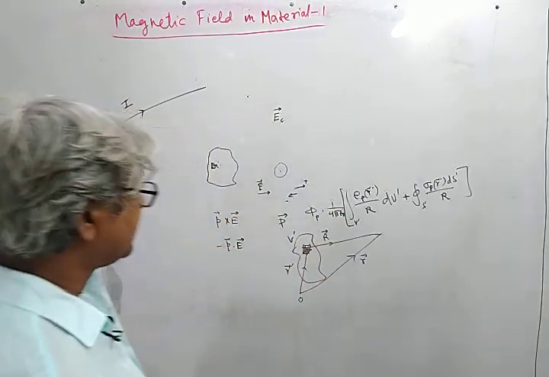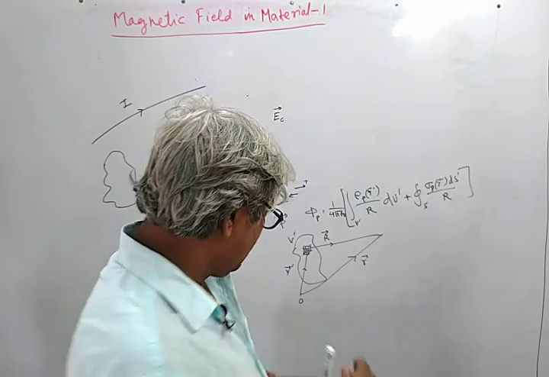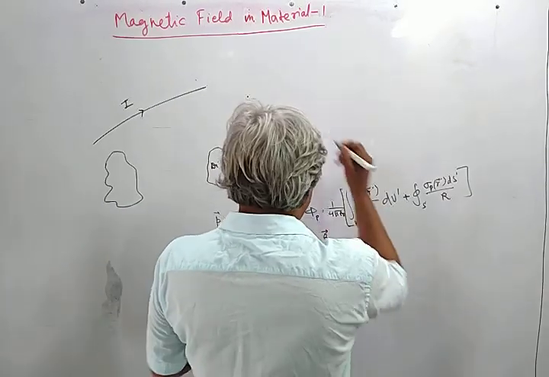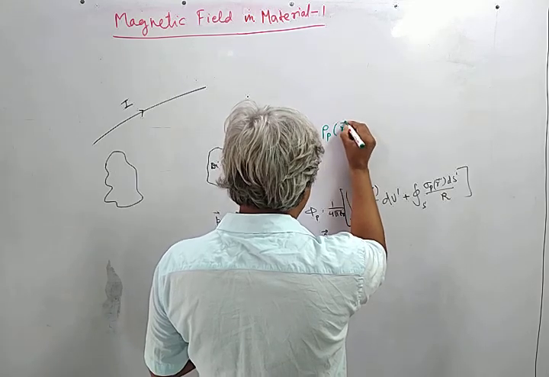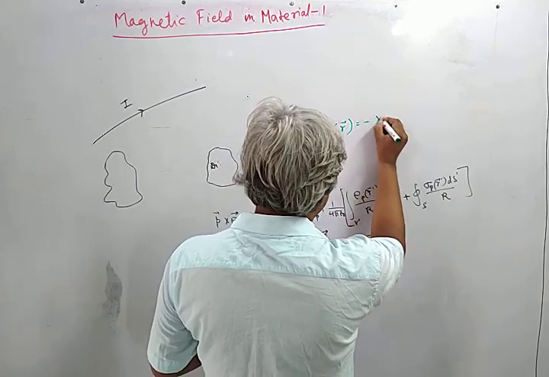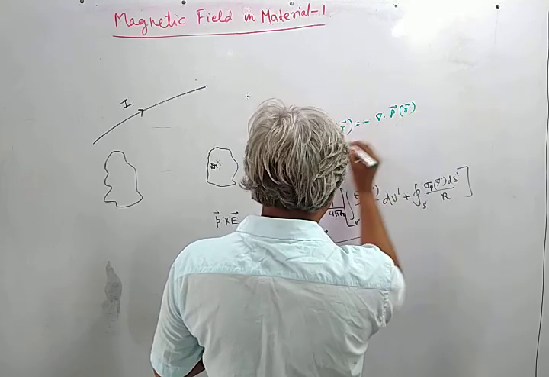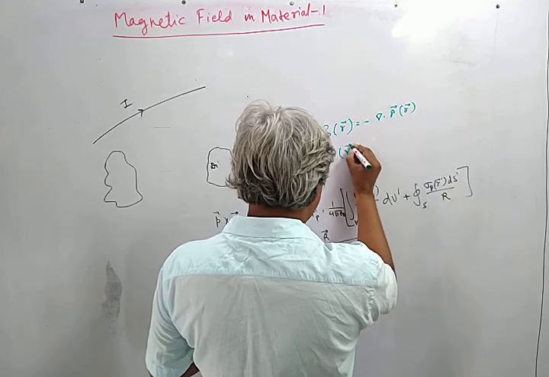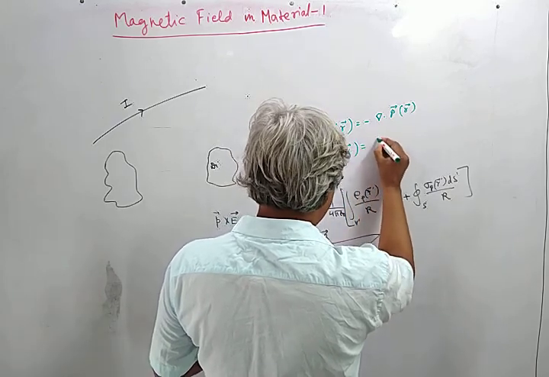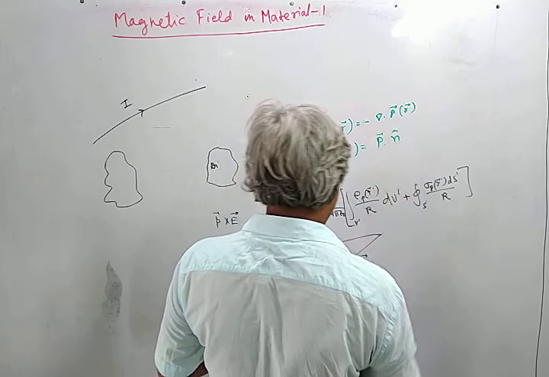This is the geometry that we have used, and interestingly it was found that the volume polarization charge density is given by an expression at the point.